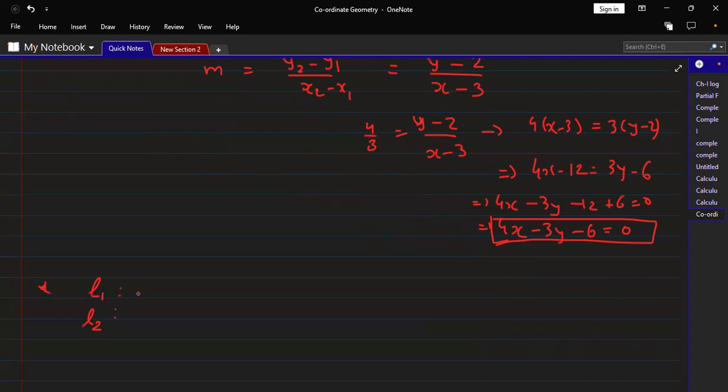So we have two conditions: if L1 is parallel to L2, then both the slopes are equal. So M1 equals M2. If L1 is perpendicular to L2, which means they have a 90-degree angle in between, then M1 into M2 is -1. So this condition is vice versa.